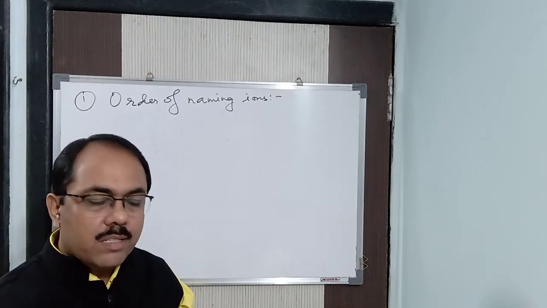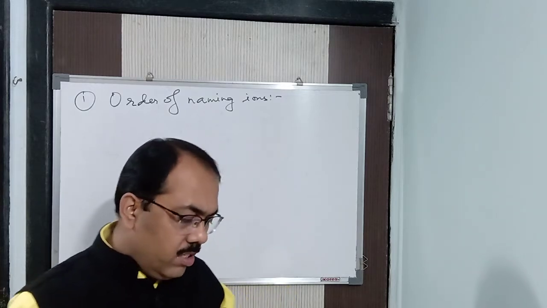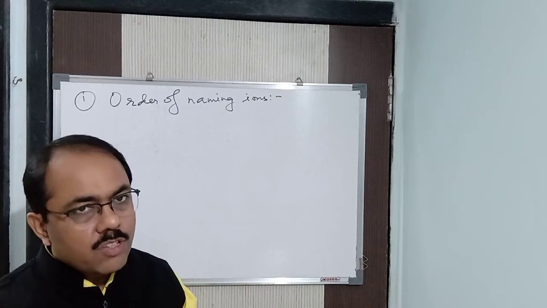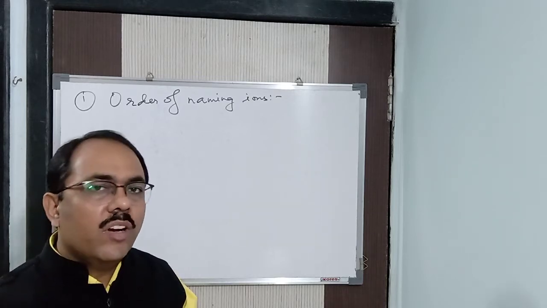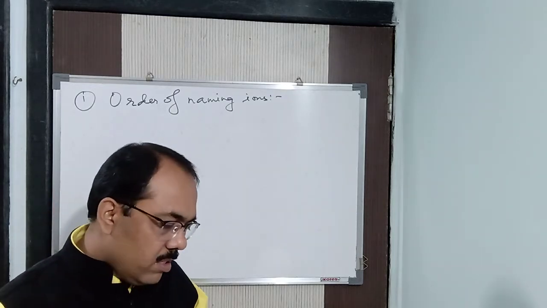So in ionic complexes, the positive ion, the cation, is named first, followed by the name of the anion. This you know: when you write any compound, first you write the cation, then the anion. Always sodium chloride. We do not write chloride sodium. Alright, this is the rule.